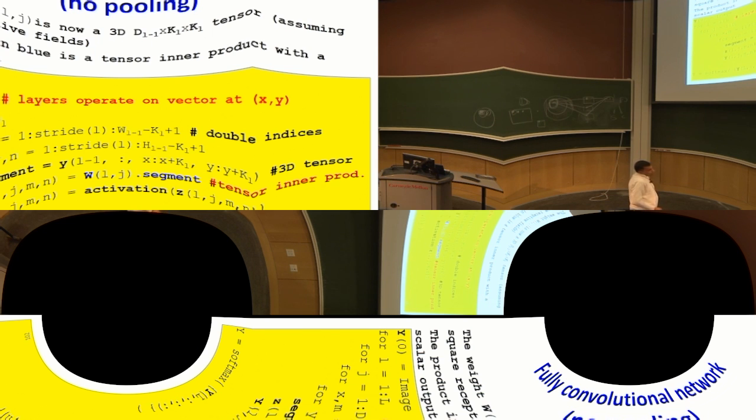So here is a fully convolutional network without the max pooling. We've seen this before. You go through layers, starting off with the image. Within each layer, for each filter, you scan forward, and the scan may be in terms of strides, which may be layer dependent. At each position, you pick out a block from the three-dimensional structure that you had at the previous layer.